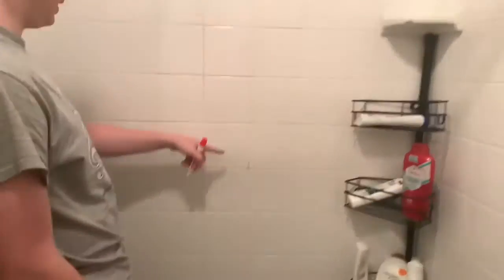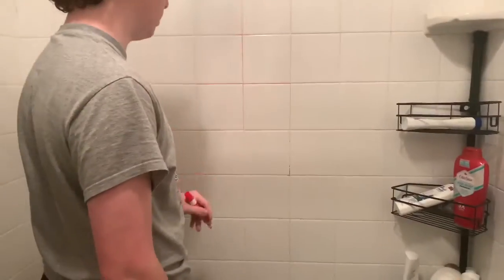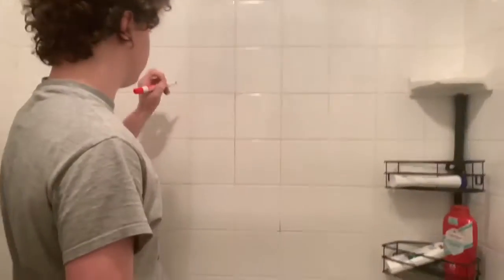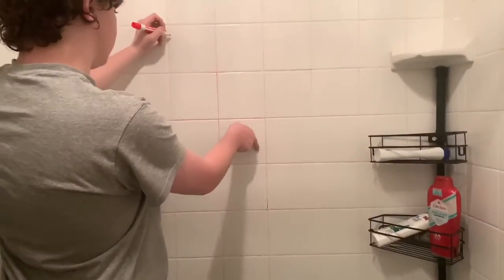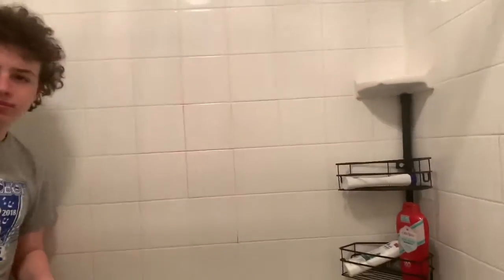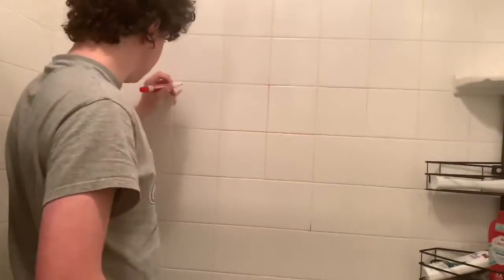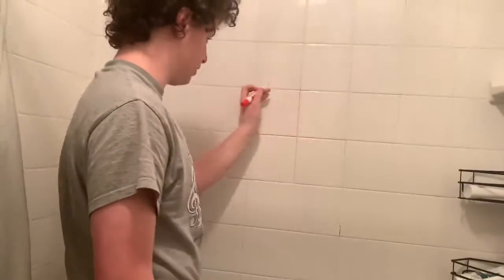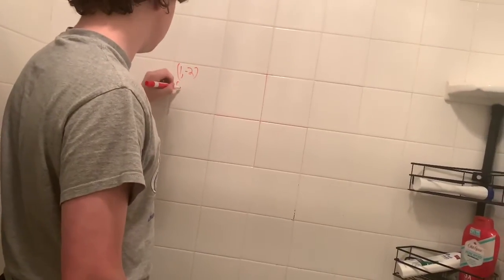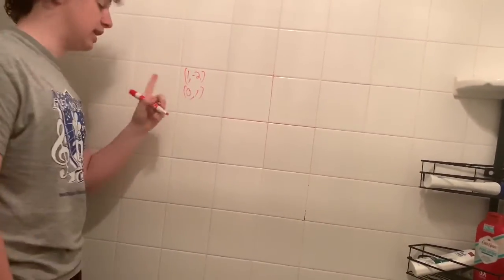So 1, -2, and let's say 0, 1. I'm sorry, that's 0, 1. And to find this, you need to have the y, you have this and that. So 1, -2, and 0, 1. That's pretty basic.